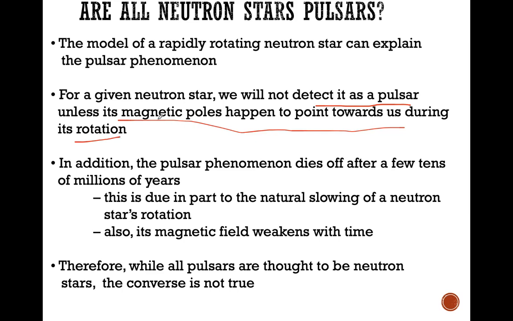In addition, the pulsar phenomenon dies off after a few tens of millions of years, right? Which means you will see in the next slide that once you have this rapidly rotating star at the heart of one of these nebulas, its rotational energy will be taken by the surrounding material to energize those materials.